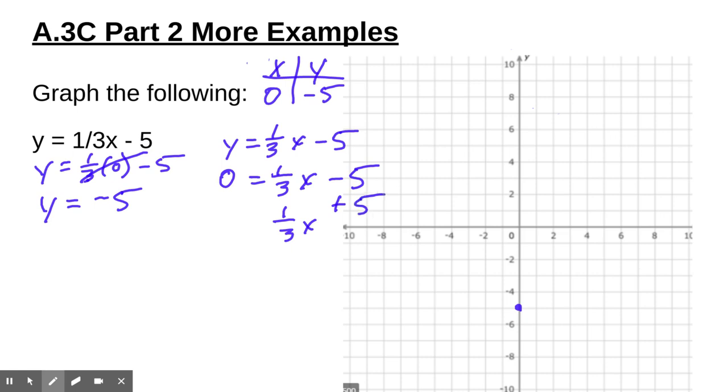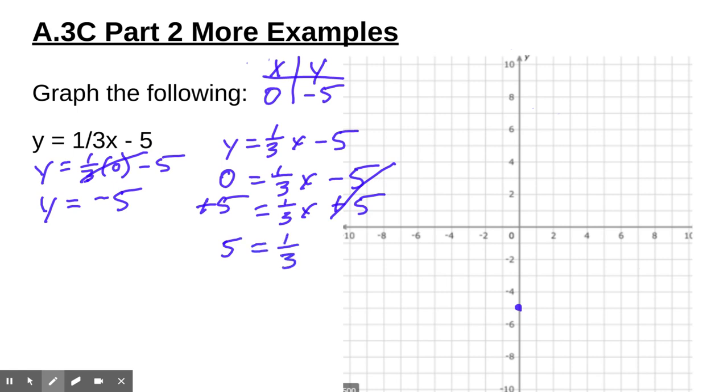We'll add 5 to both sides. And let me rewrite that there. We added 5 to both sides, and we just bring down the 1/3. So now we have 5 equals 1/3 x.